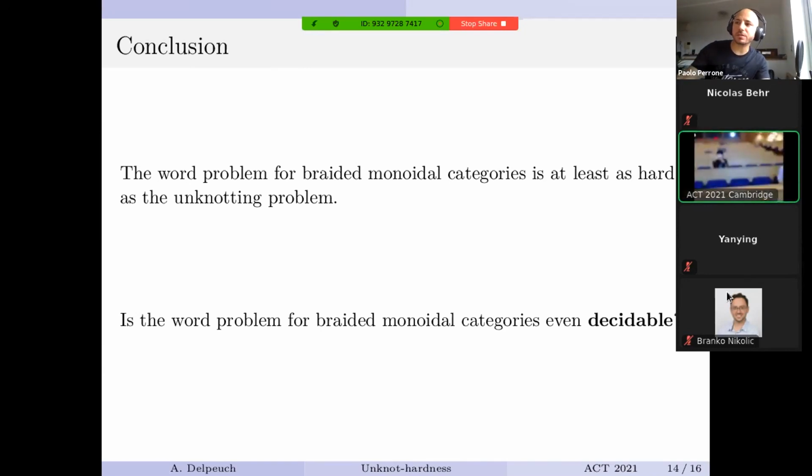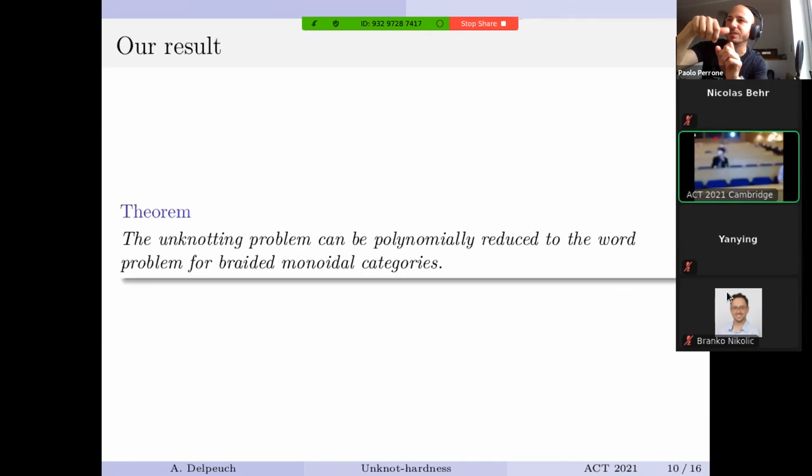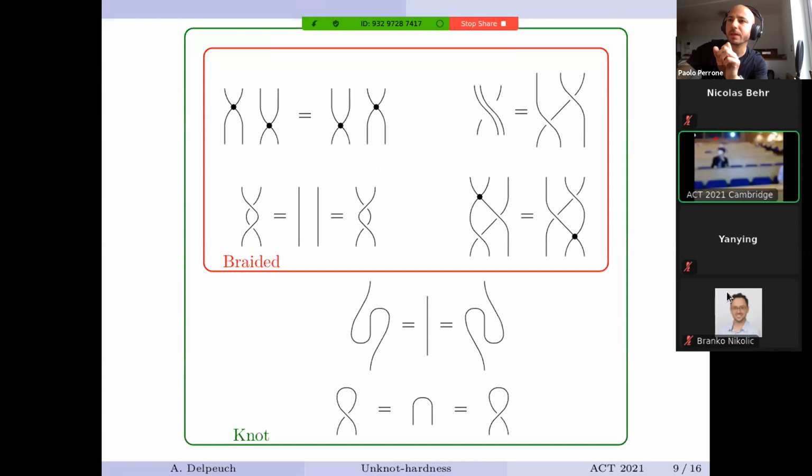I have a question just about my understanding, basically. When you added these cups and caps, you also added these axioms, these Reidemeister moves that basically allow you to twist the cap, right? Yes.